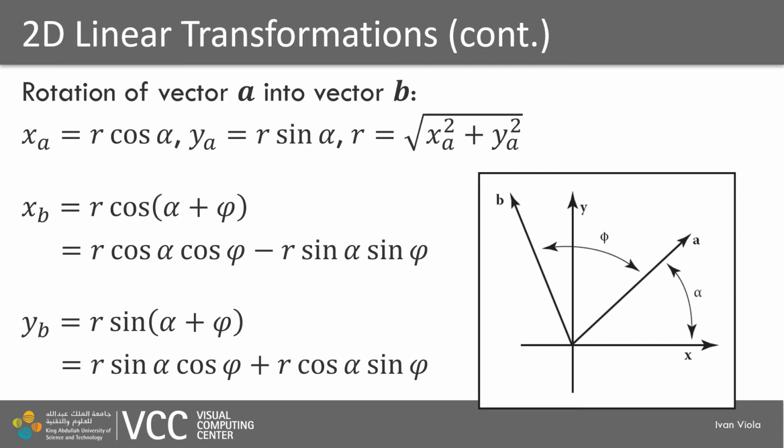If we look at the transformation between Cartesian coordinates and polar coordinates, we will agree that if we have a certain point A represented by polar coordinates, we can derive its Cartesian coordinates, so this will be the xa and this will be the ya, through r times cosine alpha, a projection of r onto the x axis, and for the y coordinate, it will be the projection of r onto the y axis through the sine function.